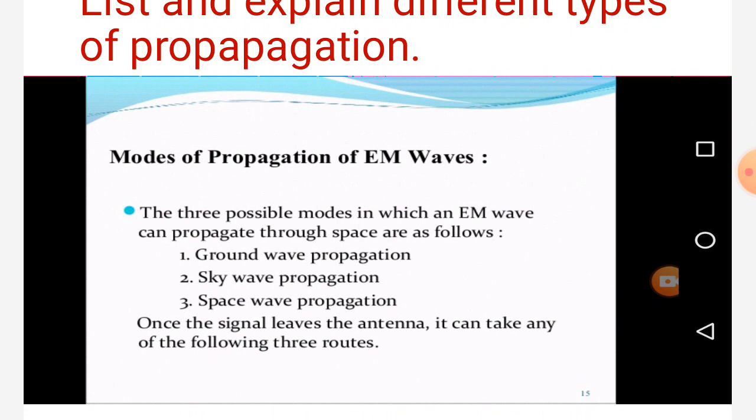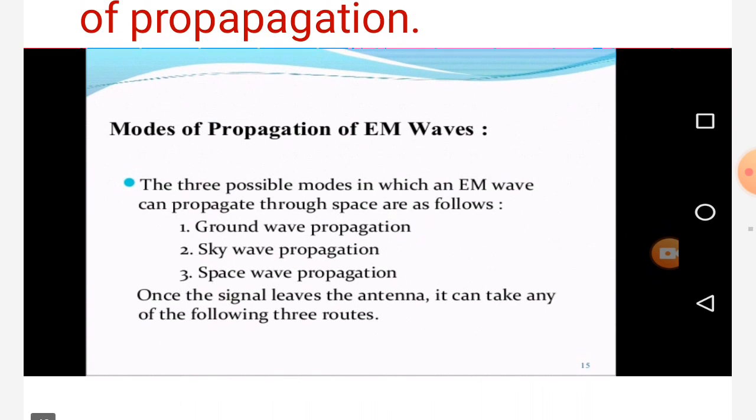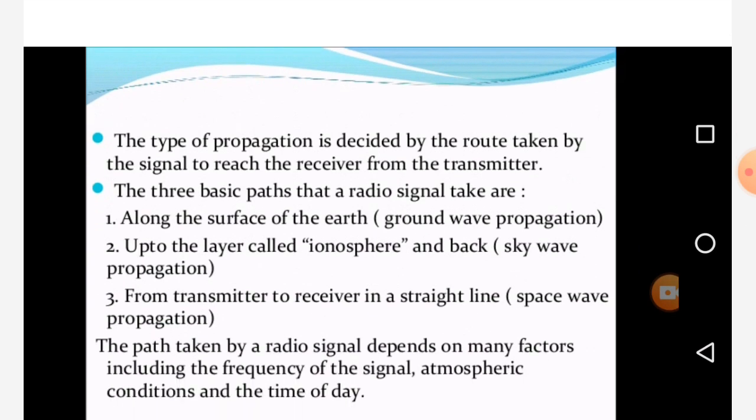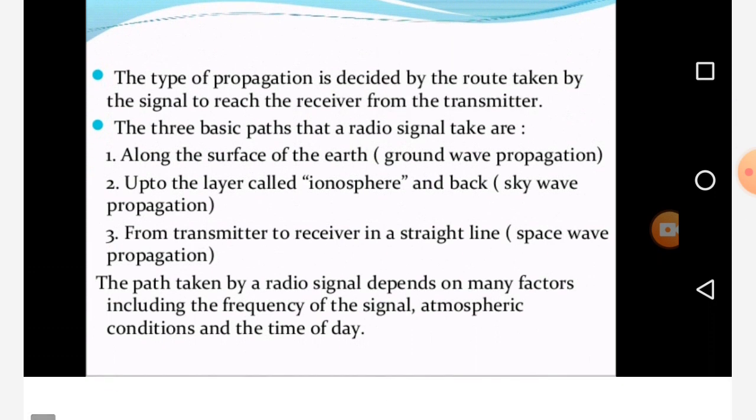Once the signal leaves the antenna, it can take any of the following three routes. That is, the type of propagation is decided by the route taken by the signal to reach the receiver from the transmitter.